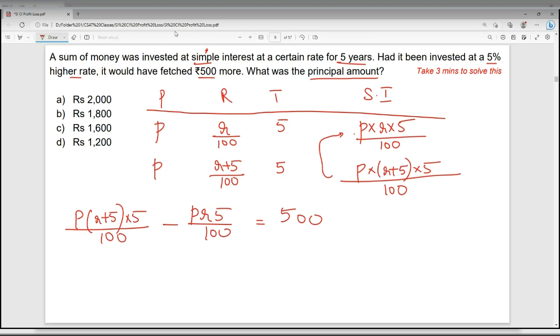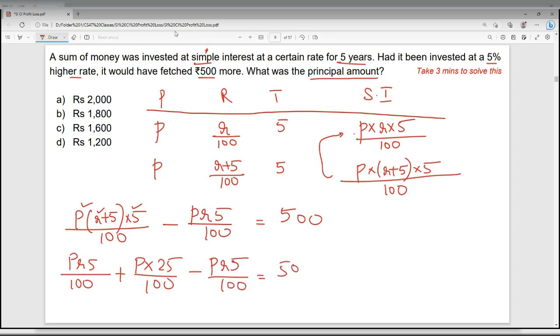And we'll open these brackets here. We have PR into 5 divided by 100 plus P into 25 by 100, minus PR into 5 by 100 is equal to 500.